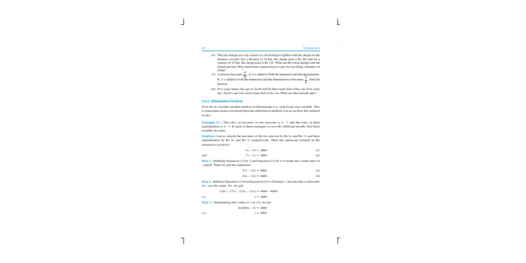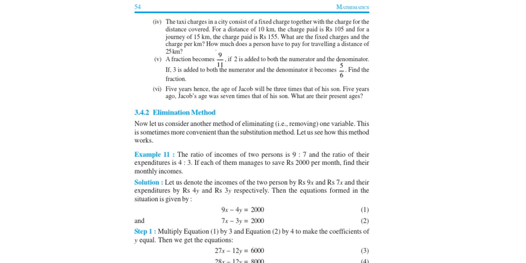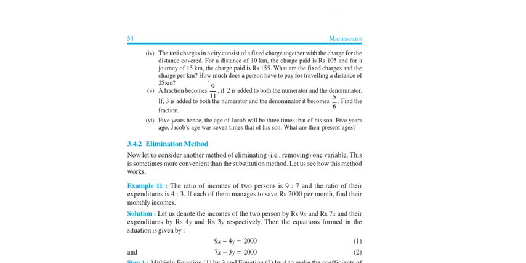So this is the next question. Yes, sir, this is the fourth part. Very important question, because these types of questions generally come in exams. These three questions are very important. So this says that a taxi charge in a city consists of a fixed charge together with the charge for the distance covered.